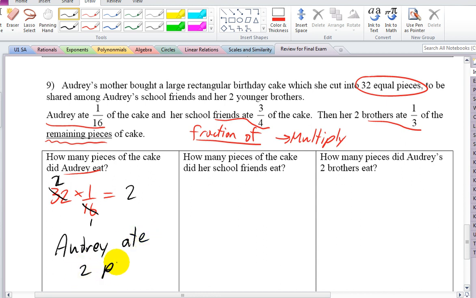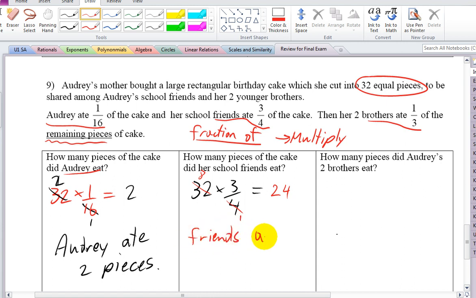Okay. Figure out the school friends. 3/4 times 16, or 32 times 3/4. Cancel first, so you don't need your calculator. Okay, so friends ate 24.